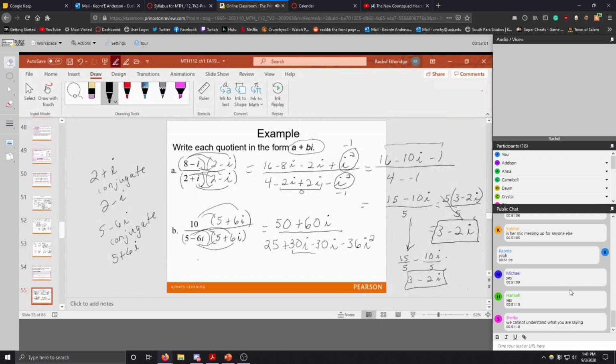So these two go to 0. So I end up with 50 plus 60i over 25. This i squared is going to turn into -1. So I'm going to have minus 36 times -1. That's going to be plus 36.